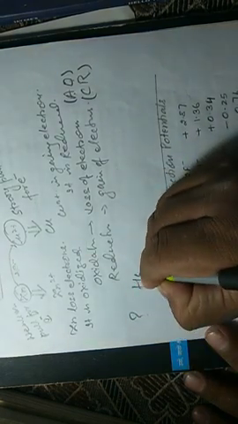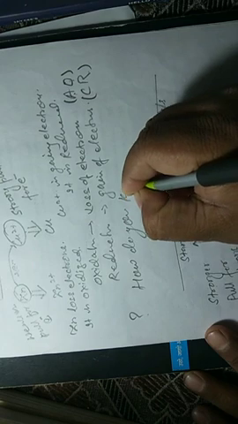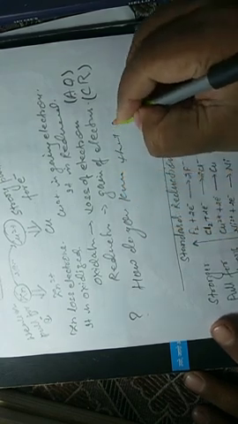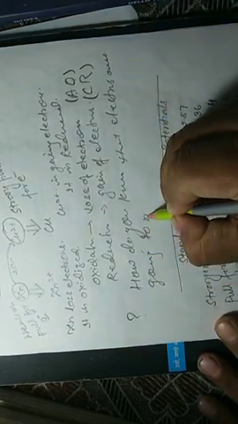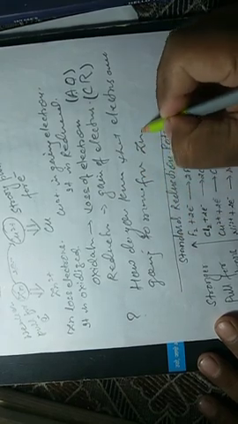Now, there is a question: how do you know that electrons are going to move from zinc to copper, or how do you know that copper has a strong pull for electron? There is a table. Look at the table.